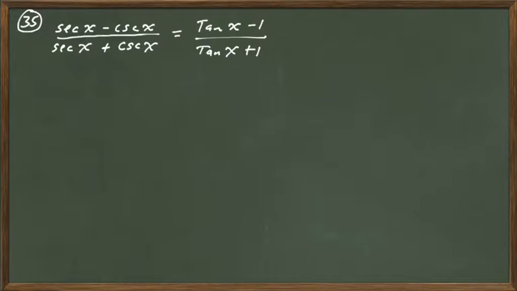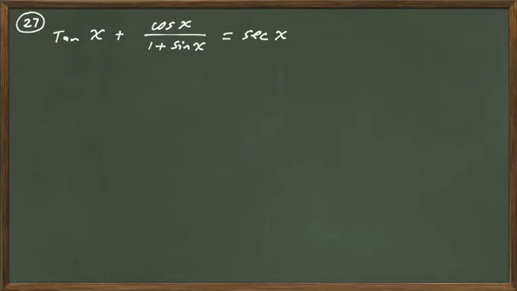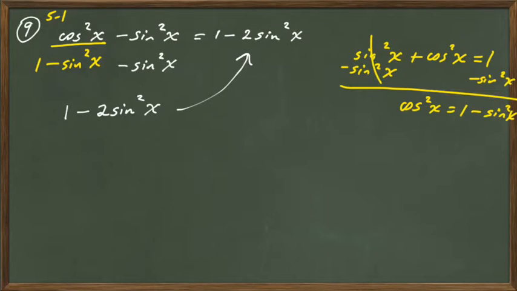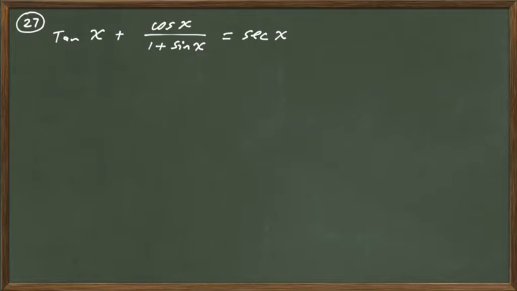Okay, 29. I was also asked 35, 43, 27, 37, 51, and we did 9. So it looks like 27 might be the next one sequentially. What do you need to add fractions? You need a common denominator. So I'm going to write this as a fraction, and tangent is sine over cosine.